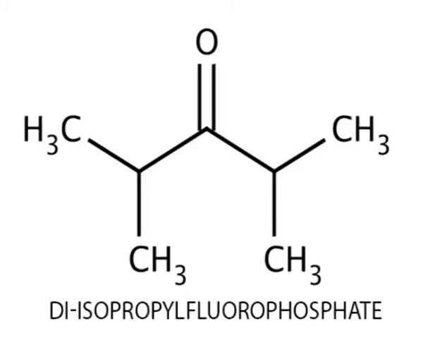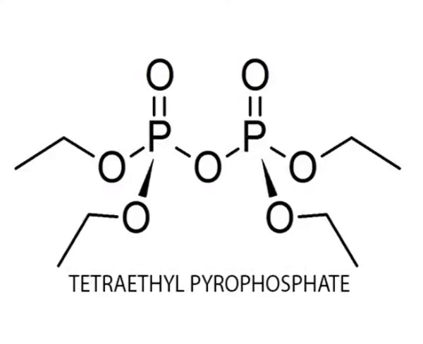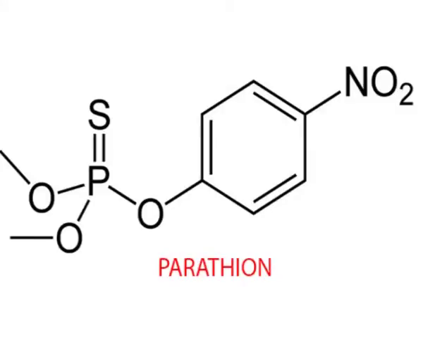Second category, irreversible anticholinesterase. The action of this group's members cannot be reversed by cholinesterase and thus this group is called irreversible anticholinesterase. Examples of this group are diisopropyl fluorophosphate, echothiopate, tetraethyl pyrophosphate, malathion and parathion.